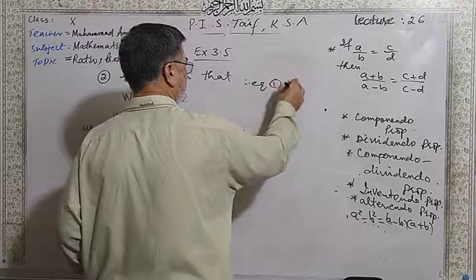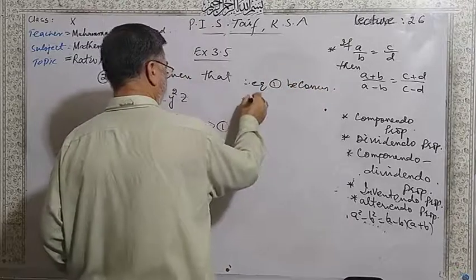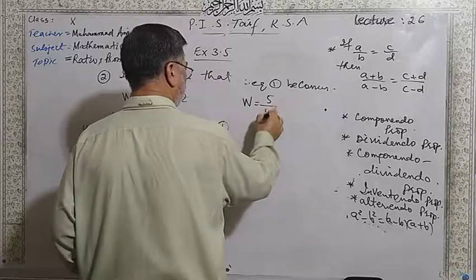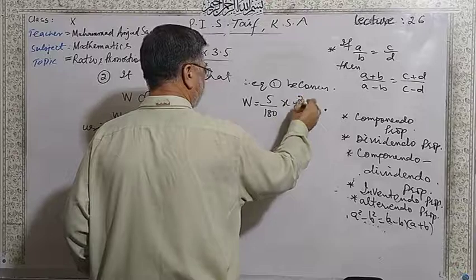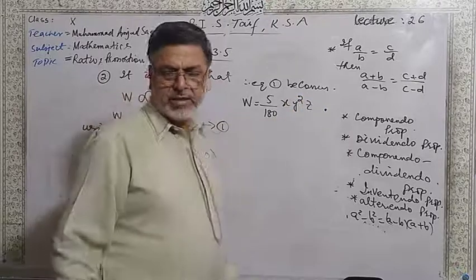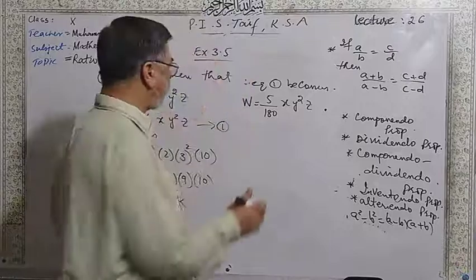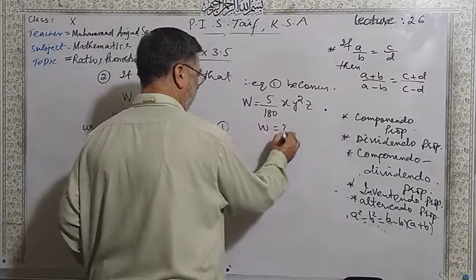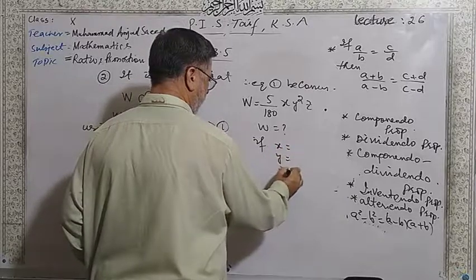Therefore, equation 1 becomes W is equal to 5 over 180 x, y square and z. Again, the next condition is to find W. We have to find W if x, y and z are given.